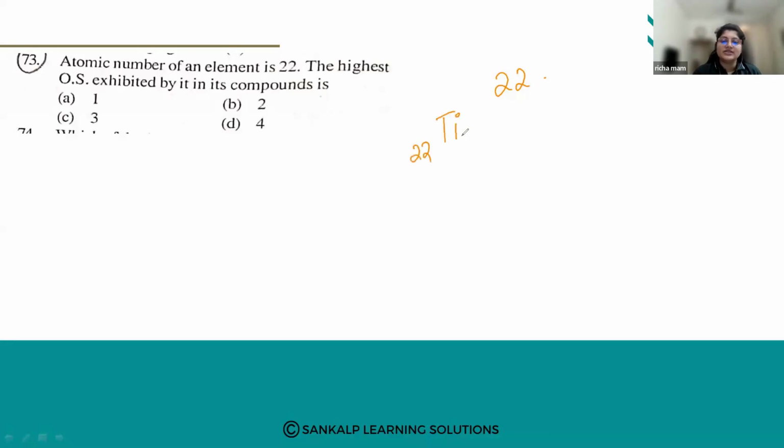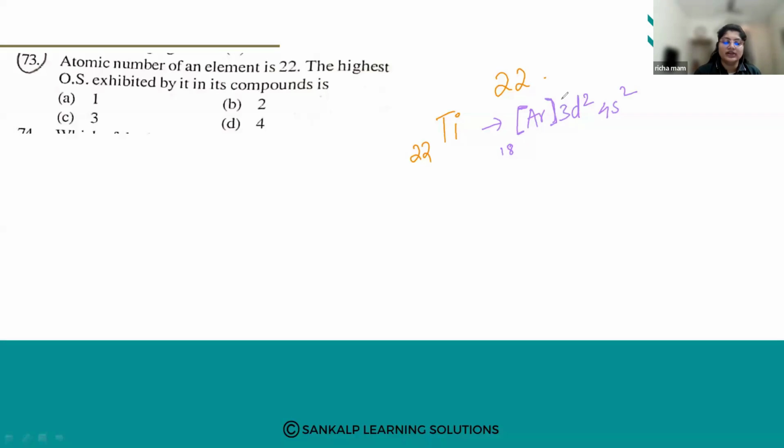Now, if I write the configuration: 1s2, 2s2, 2p6, 3s2, 3p6, 3d2, and 4s2. Instead of writing so much, I have written argon, the nearest noble gas, and then the remaining valence electrons, that is 3d2 and 4s2.